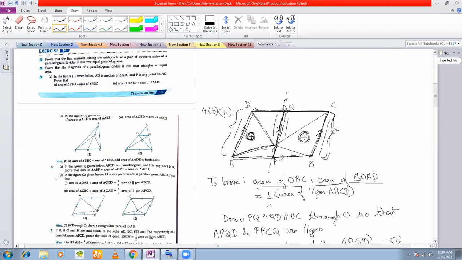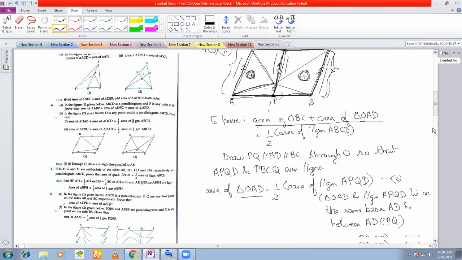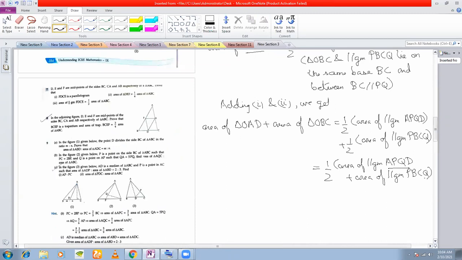Therefore, if I add the area of these two parallelograms, APQD and PBCQ, I will get area of parallelogram ABCD. And that is what we are required to prove here. And this completes our proof.